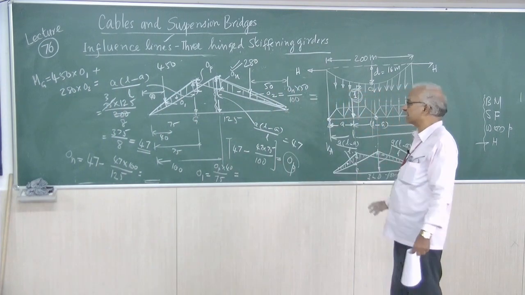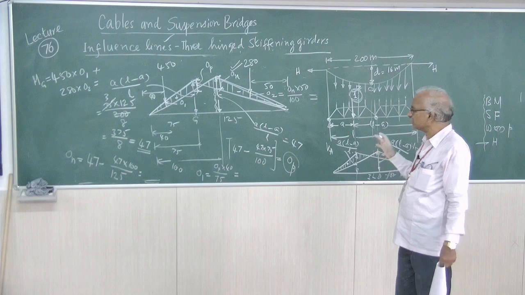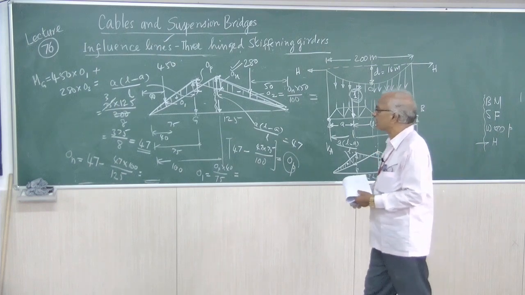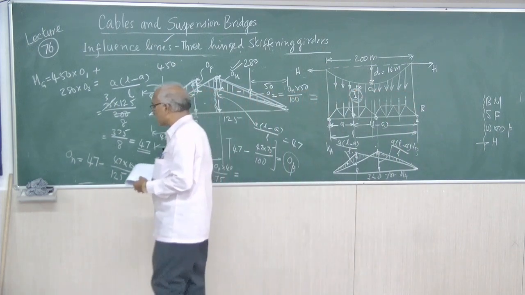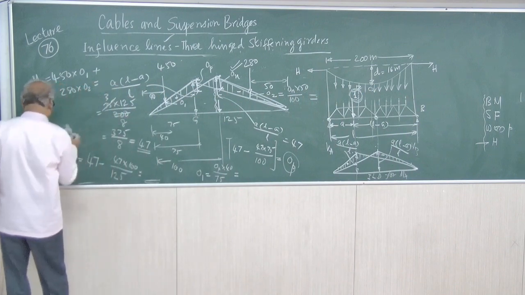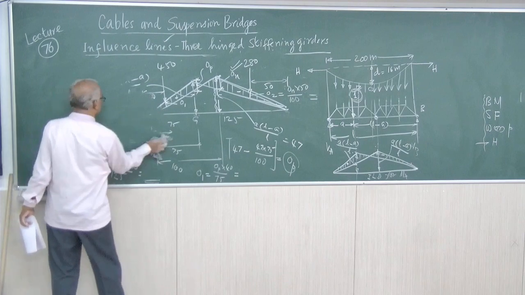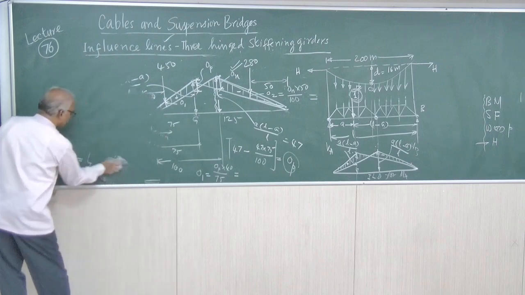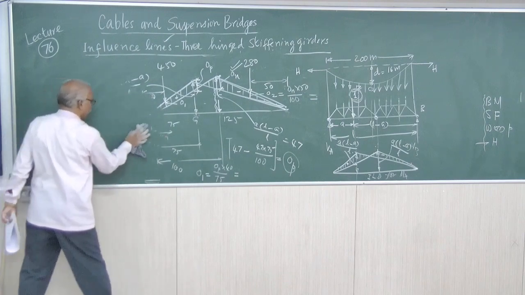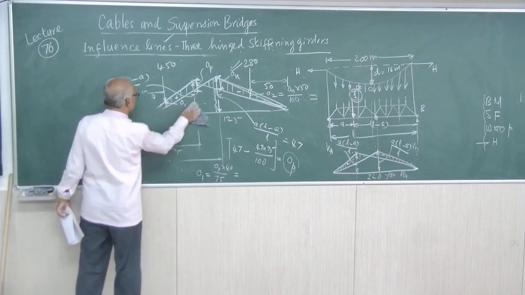the analytical method. This is the influence line diagram, used for the problem that we have done earlier. After seeing this lecture, the viewers can do this problem once, even though I am going to do one more problem on this topic.